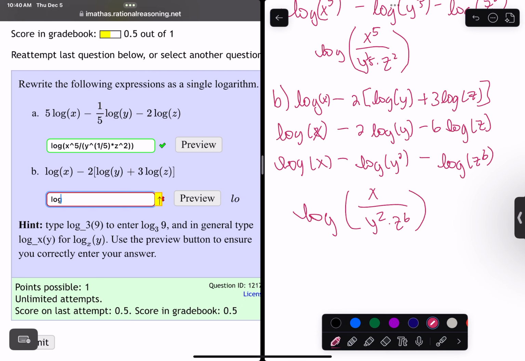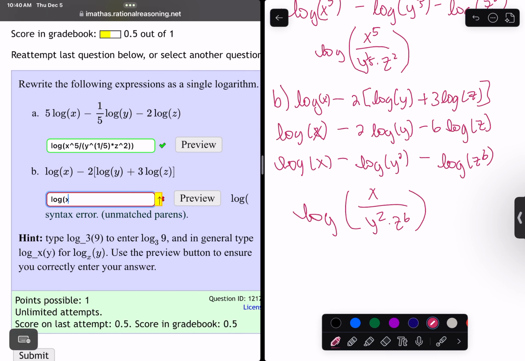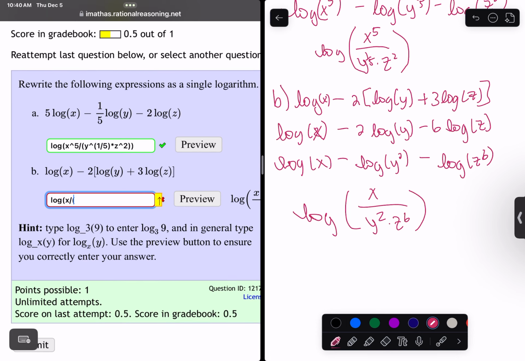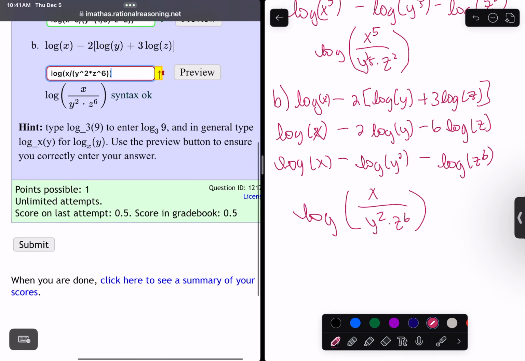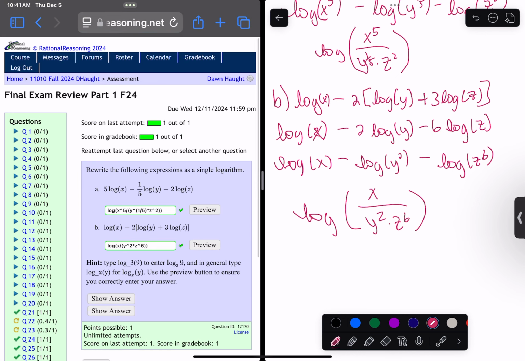So we're going to have the log, parenthesis, x divided by, parenthesis, y squared times z to the 6th, and my bottom parenthesis and my log parenthesis. It looks exactly like what I have written down on the paper. And there you go.